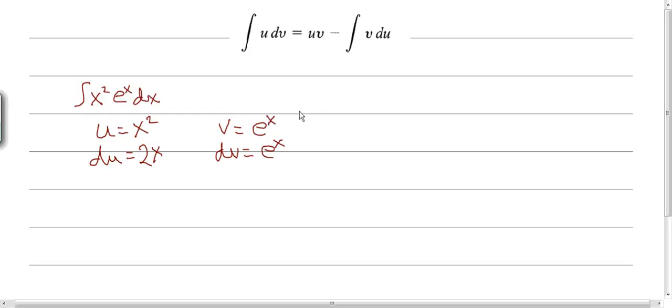So we're now ready to plug into our equation, and we get that this integral is equal to u times v, which is just x squared e to the x, minus the integral of v, e to the x, times 2x.